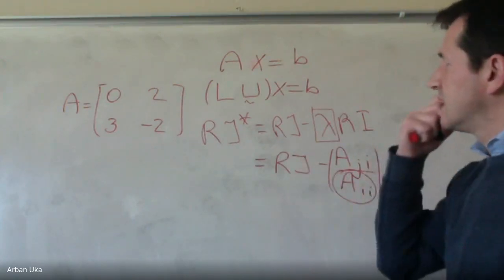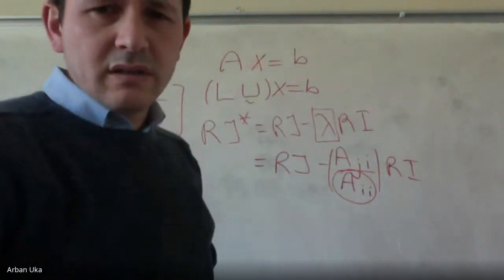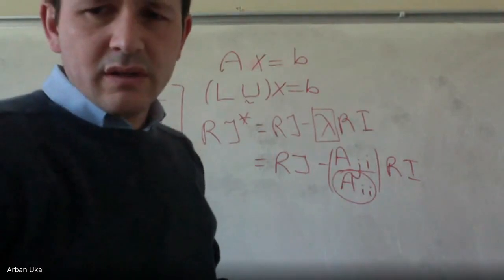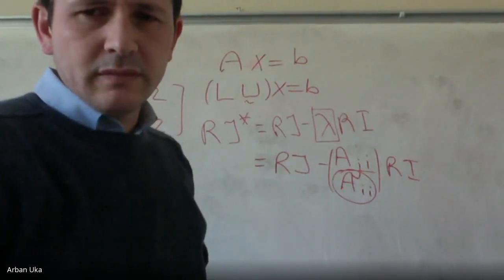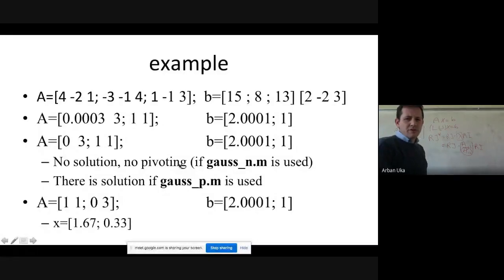So yes, we start. We were talking about these last time, and let's go back to this for a moment. So if we use naive Gaussian, we observe that sometimes we find no solution. But if we use the Gauss pivoting, it's Gauss P, and these codes, I think we shared these together.